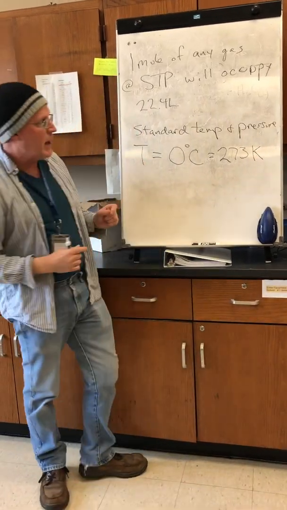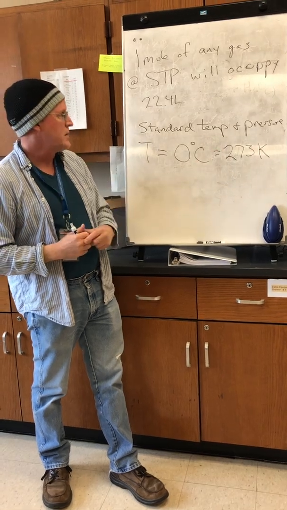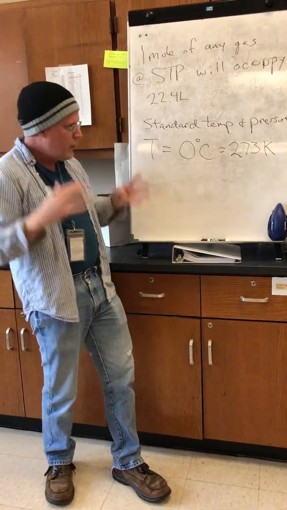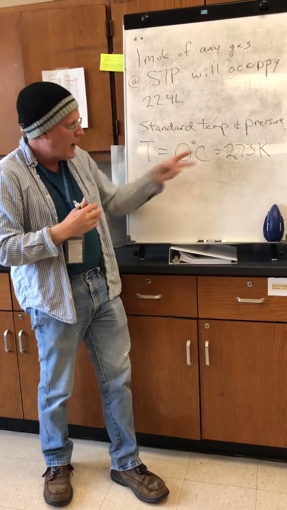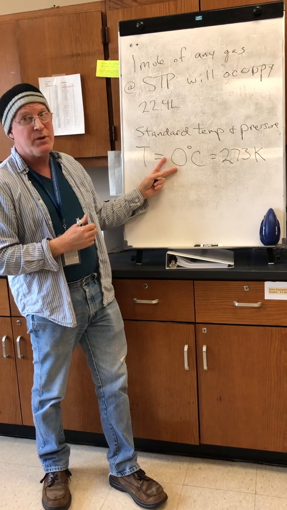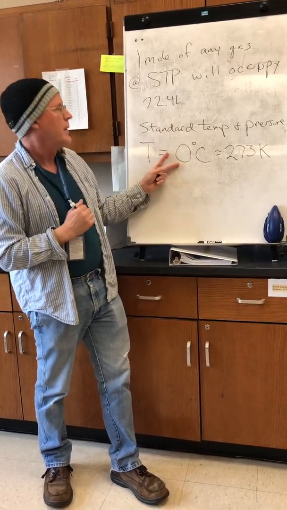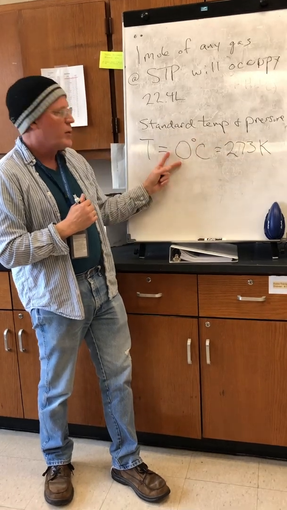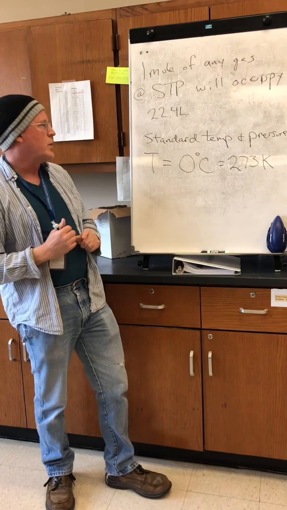When we do some calculations, we're definitely going to be using the Kelvin scale. If we all do this experiment, we're going to compare to the result at 0 degrees Celsius, which is kind of chilly, by the way. This is pretty much the freezing point of water. Not saying it's a comfortable temperature to work at, but we're going to be able to calculate a result as if it was at 273 Kelvin.